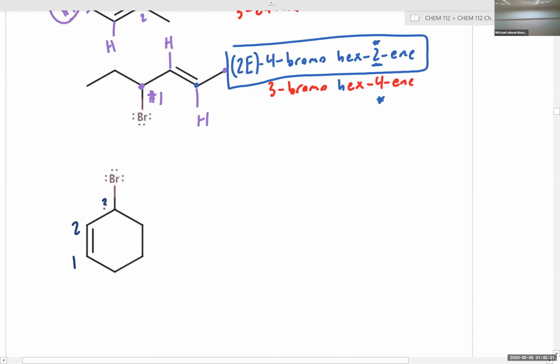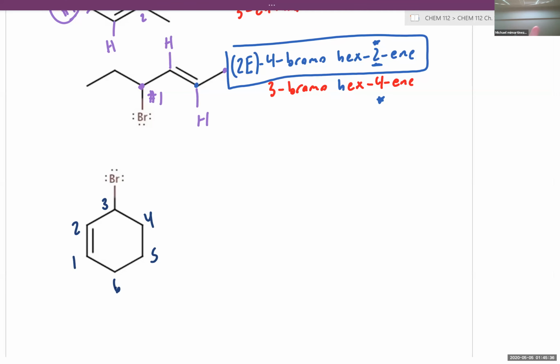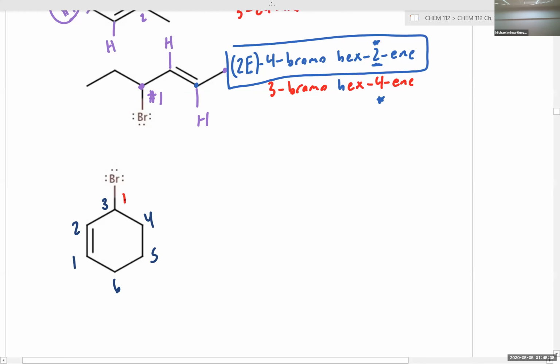We have 1, 2, 3, 4, 5, 6 in blue, counting clockwise, or in red, counterclockwise. Of course, there are other ways of counting, but I'm just simplifying it to these two most logical methods. So in our first name, we have 1 bromo cyclohexene.